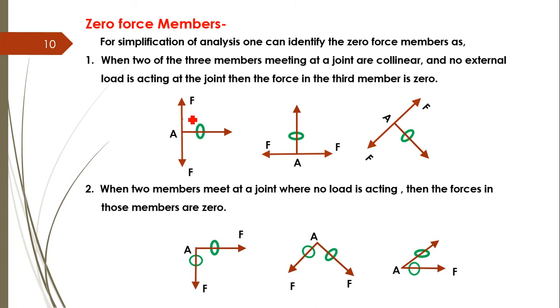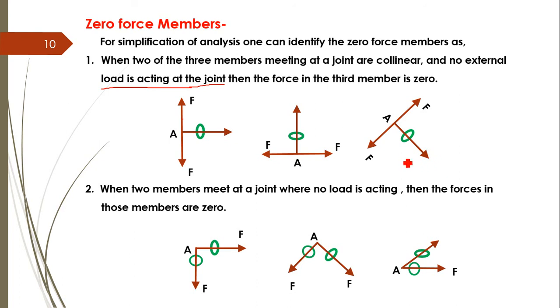Now out of these three, if two members are collinear with each other and there is no external force, then if this is considering upward positive F, this is considering downward minus F, F will get cancelled, no external force is acting, so the force in this third member is equal to 0. That is, at the joint two members are collinear and no external load is acting at that joint, then the force in the third member is equal to 0. Like this also, here also these two are collinear, so this third member is 0.